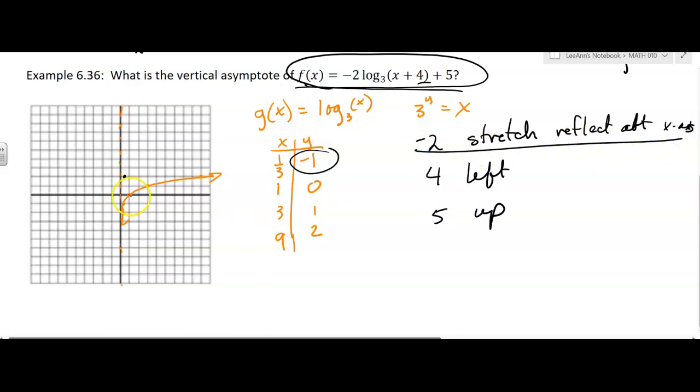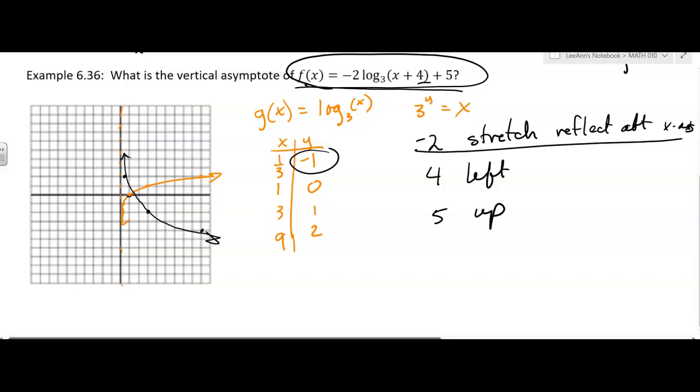Okay. And then that would still go through there, and then I'd multiply the 1 by -2, so it'd be down there, and then I'd have like -4 down here. So you're going to see the stretch on it. It's not a huge stretch because it's just a 2 that we're stretching it by. But it does make it reflect about the x-axis.